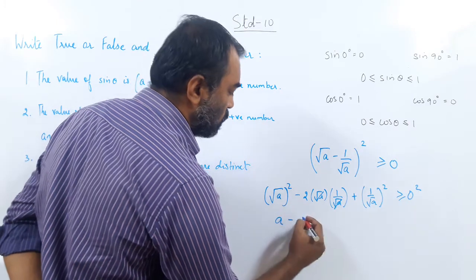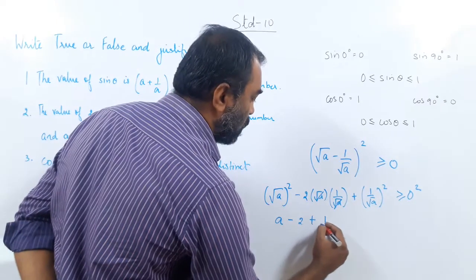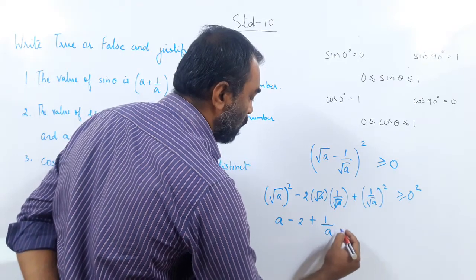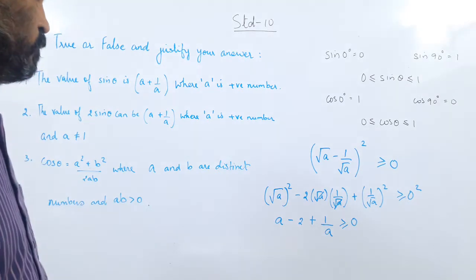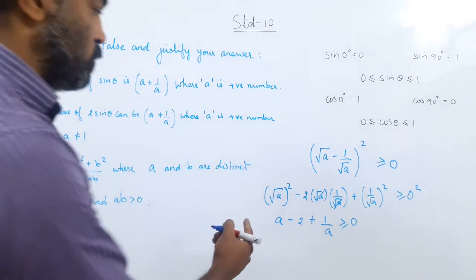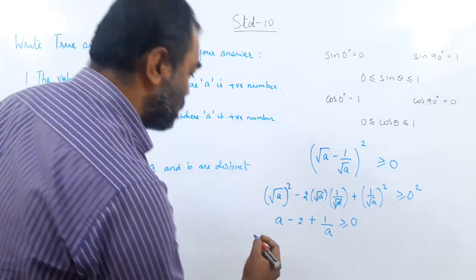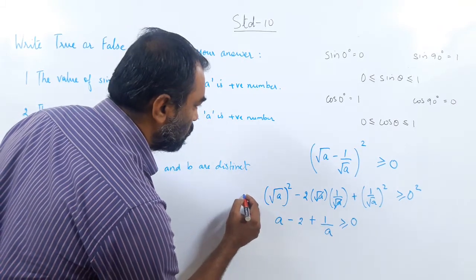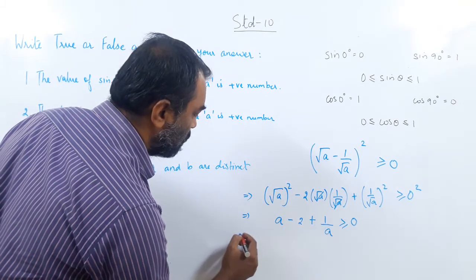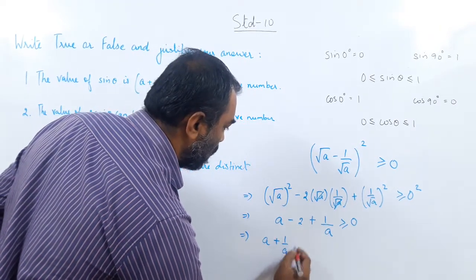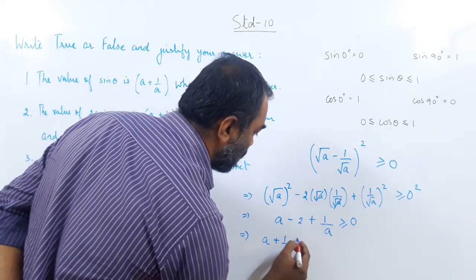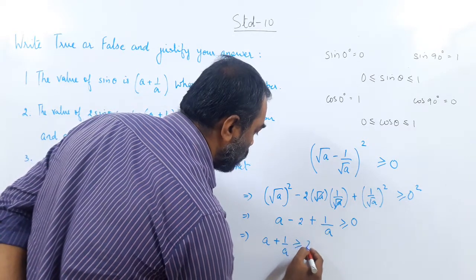Minus 2 plus 1 upon root a the whole square is 1 upon a, which is greater or equal to 0. So you got this. And the next step, this implies that a plus 1 upon a, the minus 2 goes on this side, is greater or equal to 2.